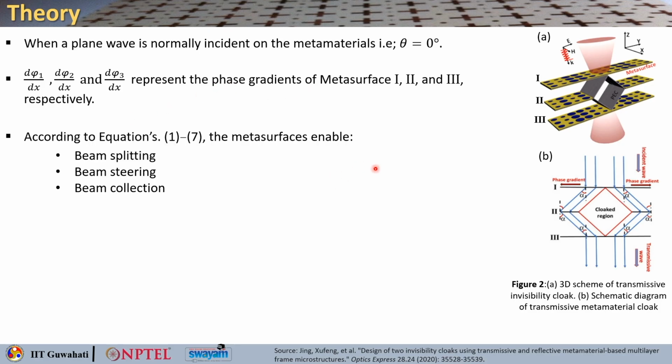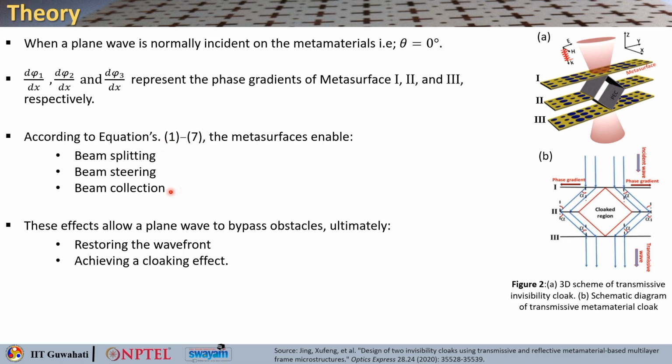So using this you can always do beam splitting, beam steering and beam collection, right. All this, because you have the control on the phase, you can basically bend the transmitted beam in whichever direction you want, and you can actually do that for all these different applications, right.